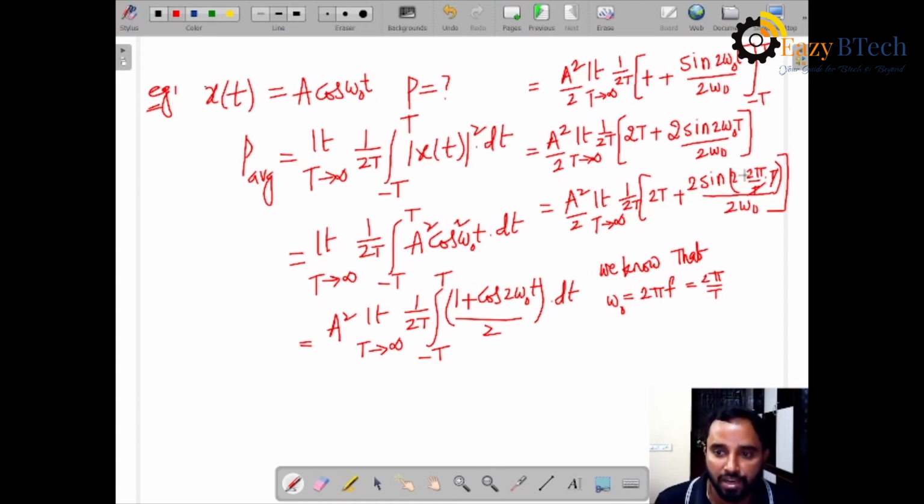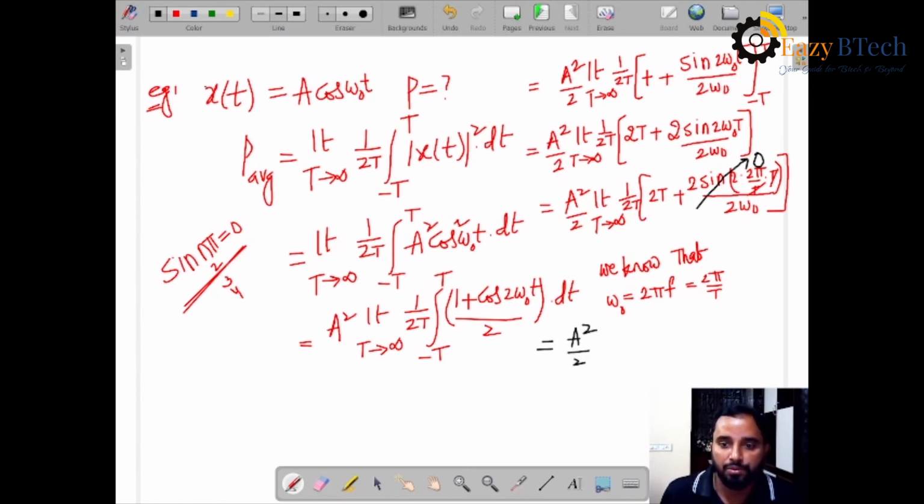What is the value of sine 4 pi here? Sine n pi is equal to 0. This is important. Sine pi, sine 2 pi, sine 3 pi, sine 4 pi, all 0. So this value is 0.